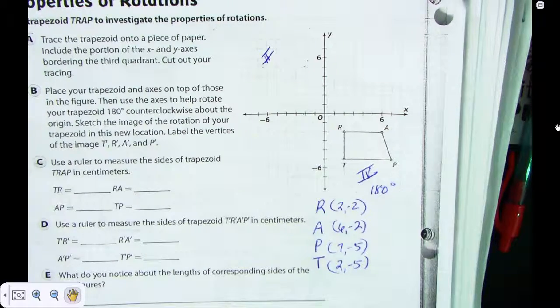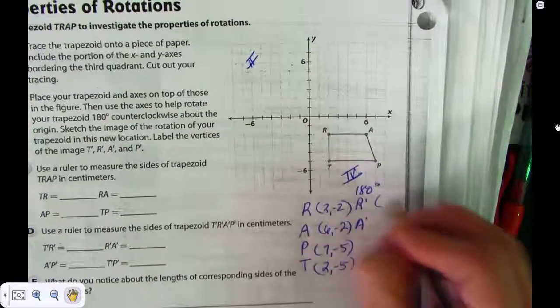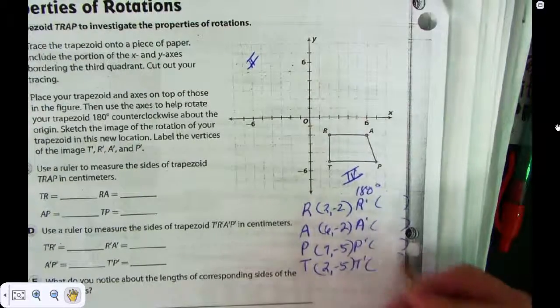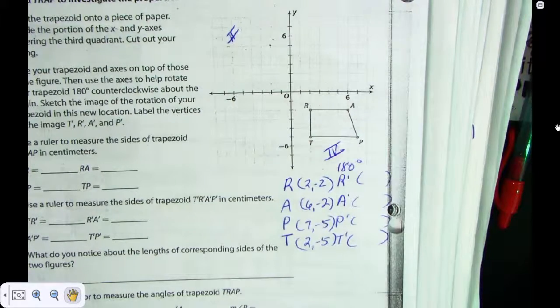Okay. So what do we just discover or decide on a 180? On a 180, what do we do? Well, you can move it either way, but what do I do with the coordinate?